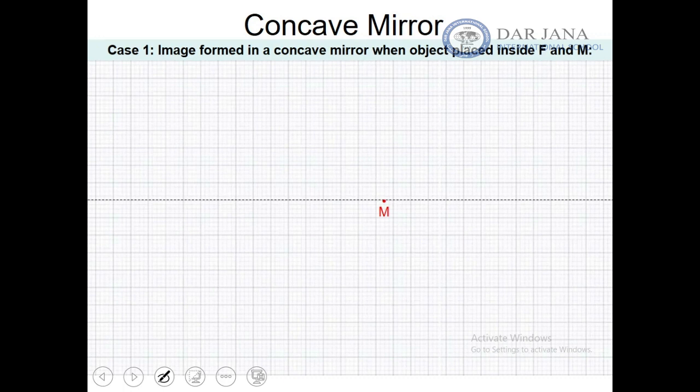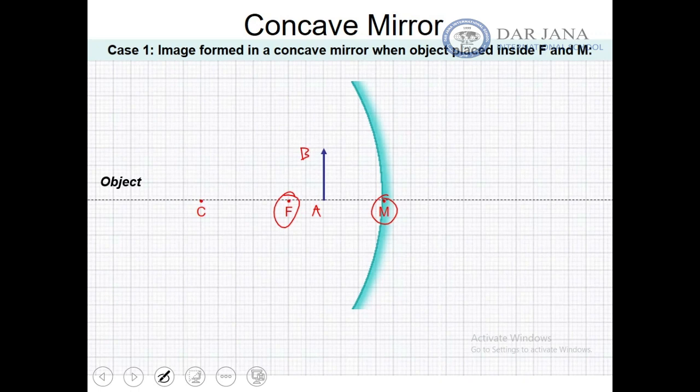Everything depends on the position of the placed object itself. First of all, we're going to take these points M, F, and C. I will place the object between F and M, between point F and point M. Let's say A, B. As usual, we're going to take two light rays from this object.